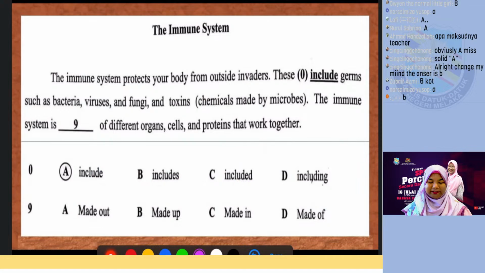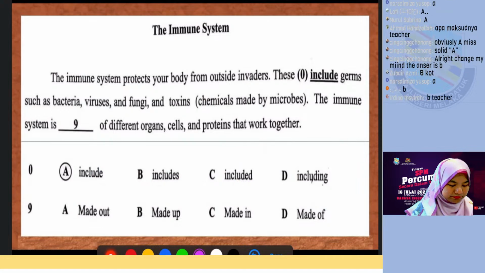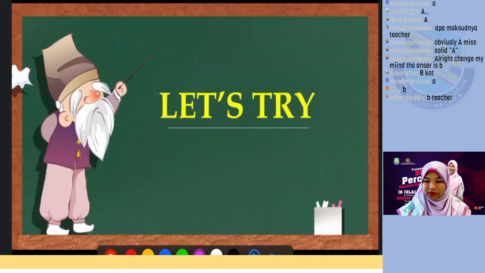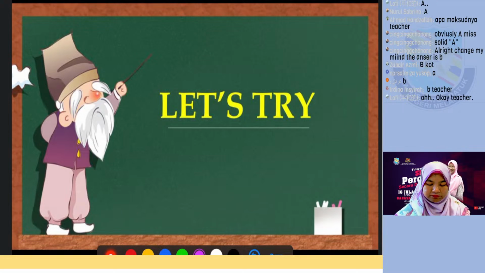Let's try. In this section, I will give you some questions. I have 3 questions from part 1, and I also have 4 questions for part 2. I will give you maybe 1 minute for each question, and you need to answer it by yourself. Let's try the first question.